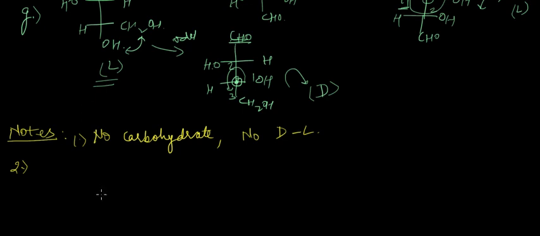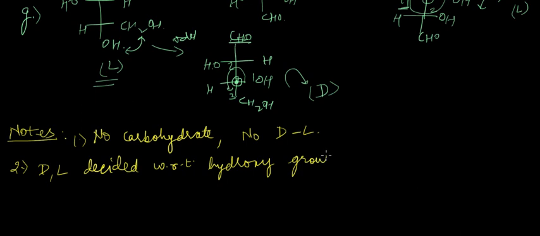So if the hydroxy group lies on the right hand side, it is D form, and if it lies on the left hand side, it is L form, provided we are calculating the D and L configuration on the carbon atom which is away from the CHO group.